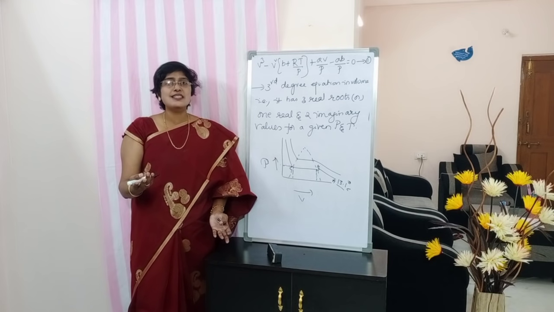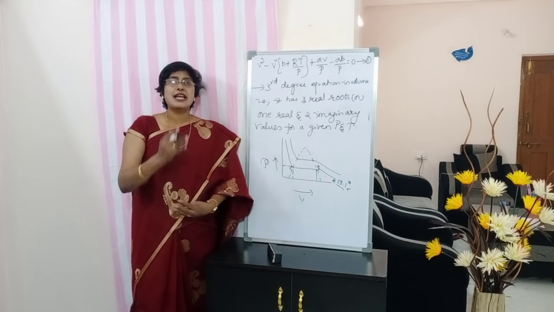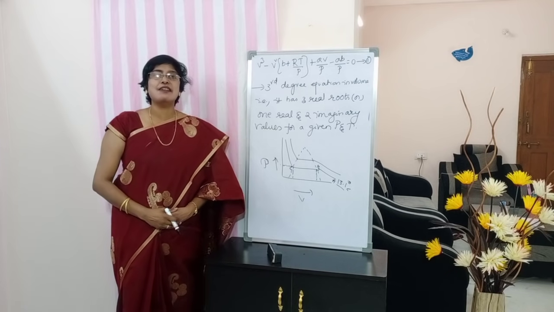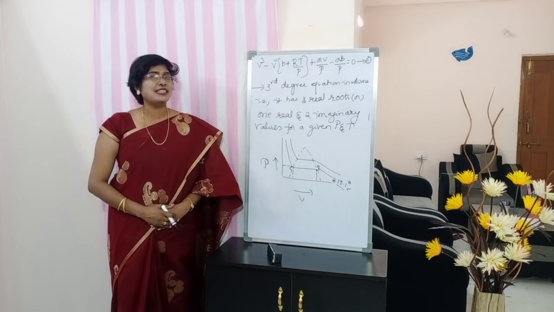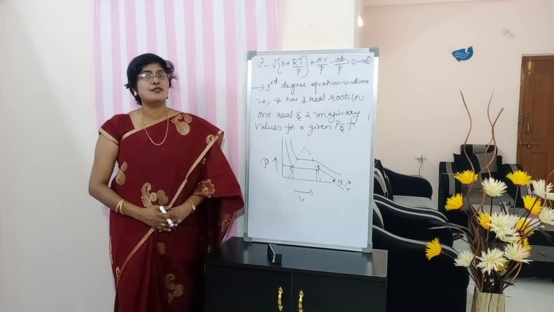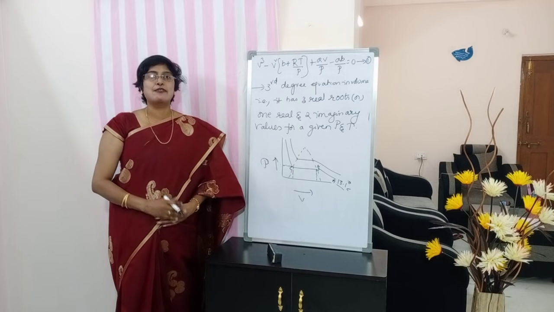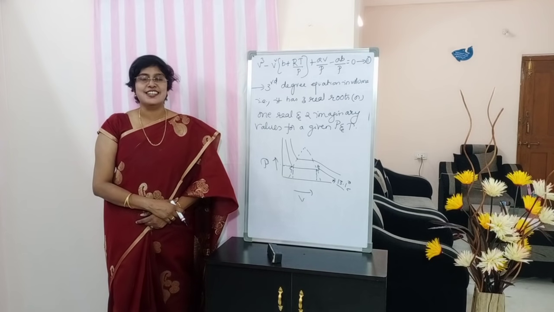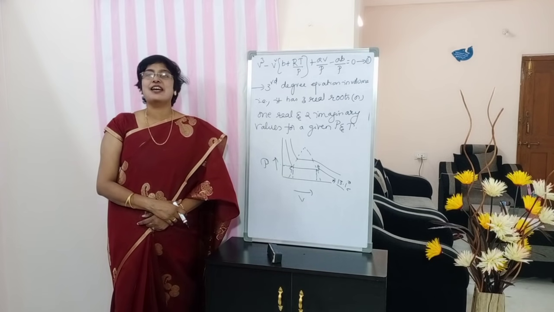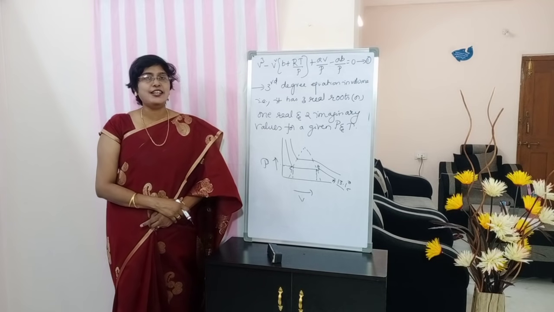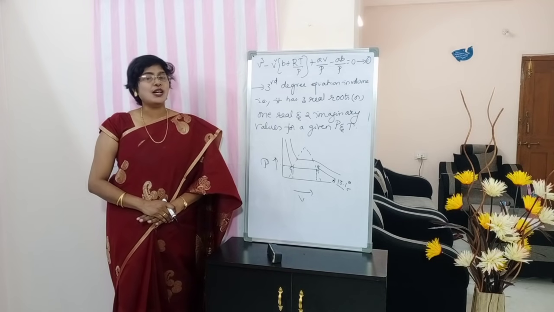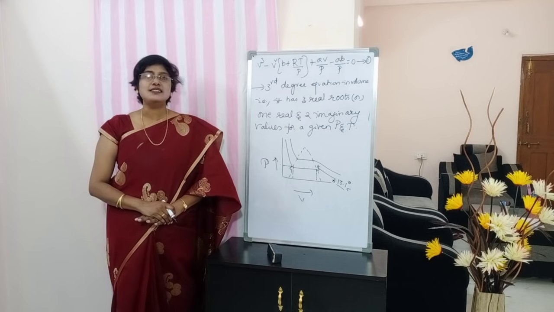Third value is missing. So now Vanderwaal is sitting like this. He couldn't find the third value of volume. But there was a friend who is very much loyal and helpful to Vanderwaal, and his name is Thomson. So Thomson helped Vanderwaal, students. So what did he do? He has taken equation number 1. So what is R in this equation? Gas constant.